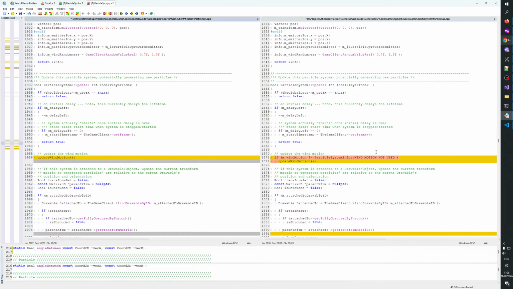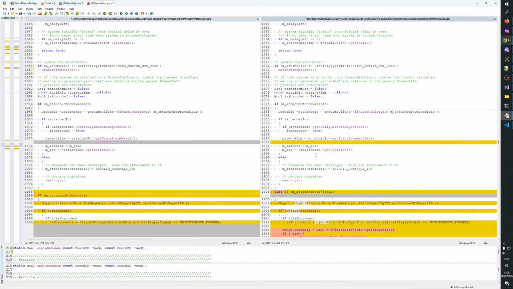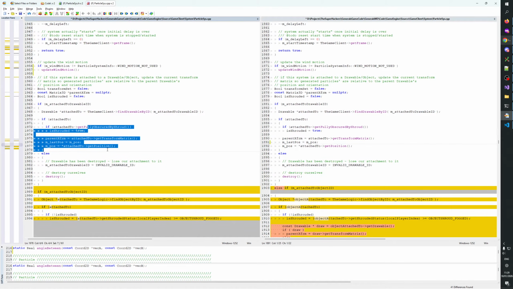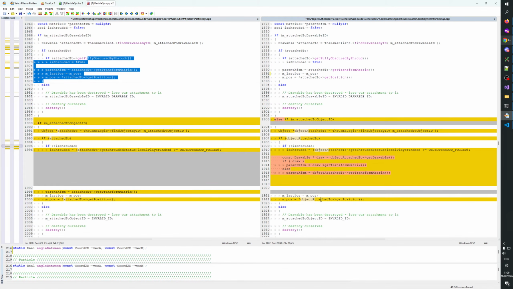So, wind motion, particle system info, wind motion not used. Okay, I think then we can just take. What about this here? It adds a new line here for some reason.